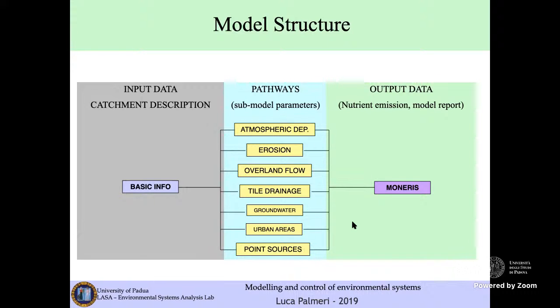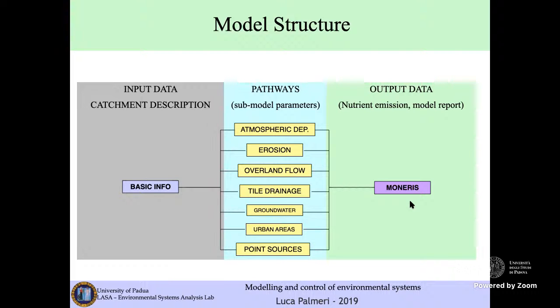The results, or output data, are produced into a further spreadsheet file, in which you have figures on nutrient emissions, different pathways, different sources. So a kind of model report.